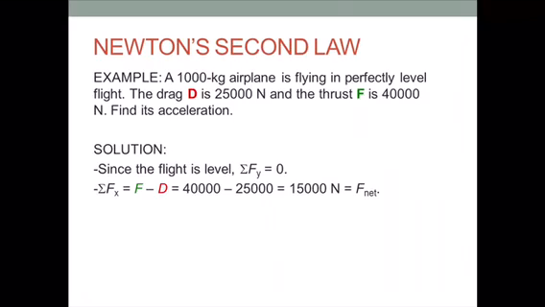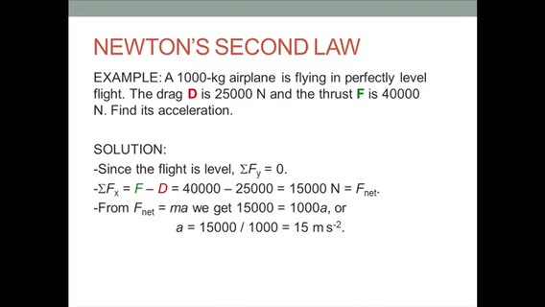So by plugging in 40,000 for thrust and 25,000 for drag, we get the net force of 15,000. From Newton's second law, we know that F equals ma. From that, we get 15,000 equals 1,000 times acceleration, or acceleration equals 15 meters per second squared.